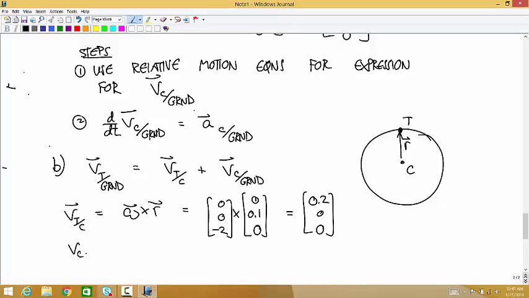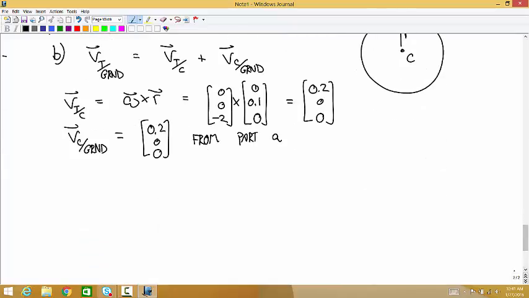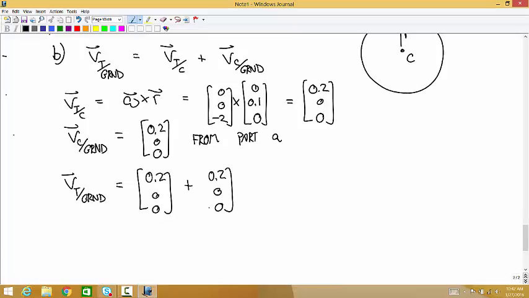The velocity of the center relative to the ground, we calculated that in A, and that's equal to 0.2, 0, 0 from part A. And so the velocity of the top relative to the ground is 0.2 plus 0.2 equals 0.4 meters per second, 0, 0.